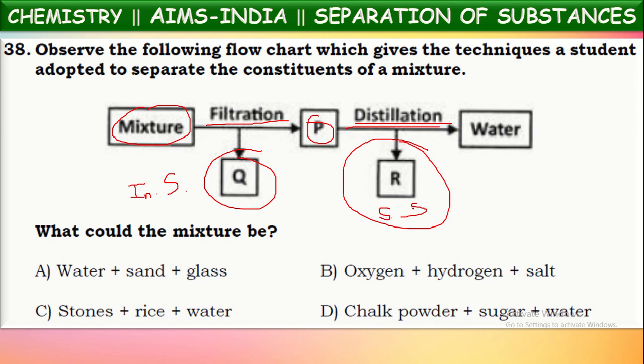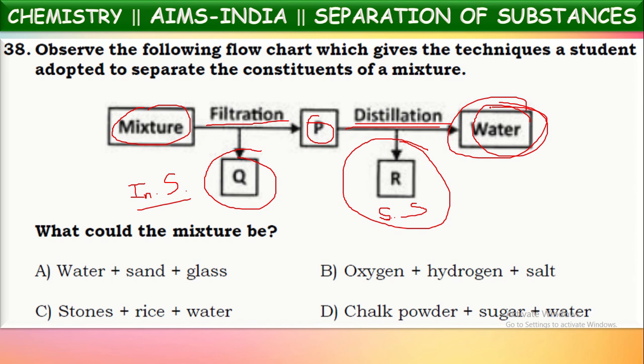Then on the distillation process, it will be separated, and finally water remains. So from water, a solid substance is separated by distillation, and another solid substance is separated by filtration. Now one should be a solid substance which is soluble in water, and the other should be a solid substance which is insoluble in water, and the third substance is water itself.